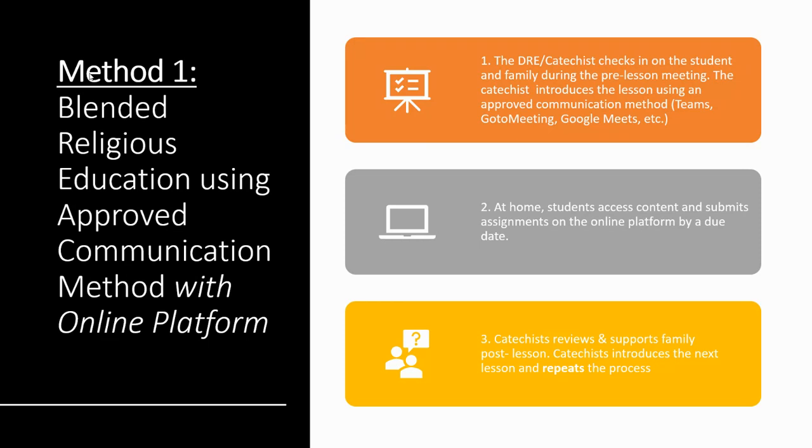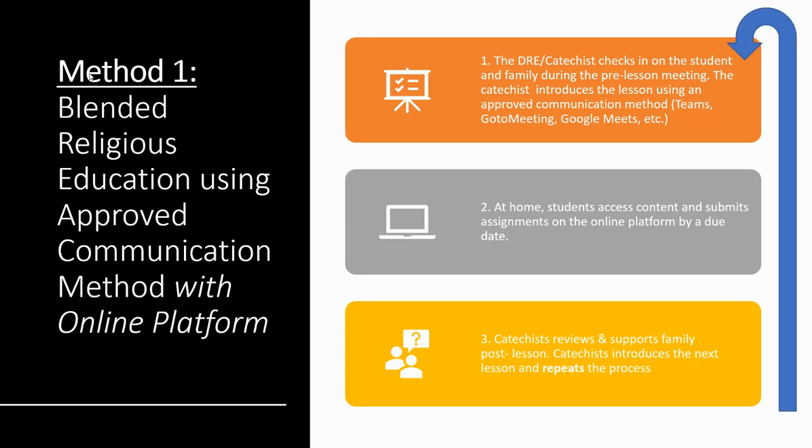Then, after this initial meeting, at home, students access the content and submit the assignments on an online platform by a particular date. Then, the catechist reviews and supports the family post-lesson. And the catechist introduces the next lesson, and what's important is that it repeats the same process over again.